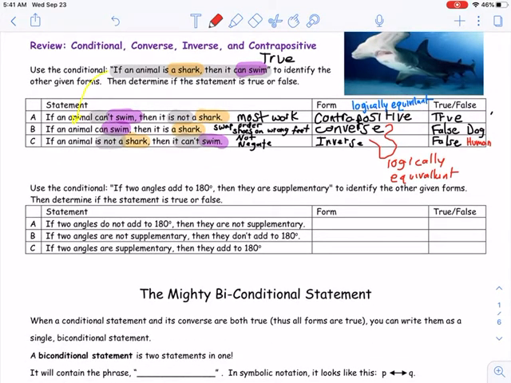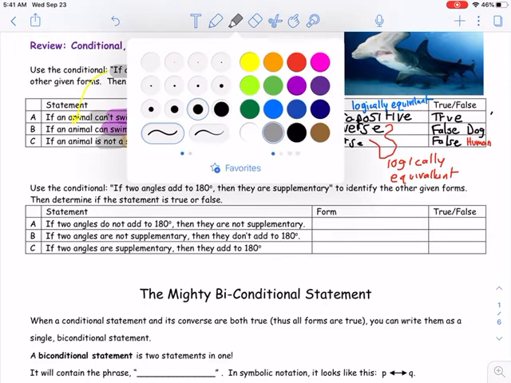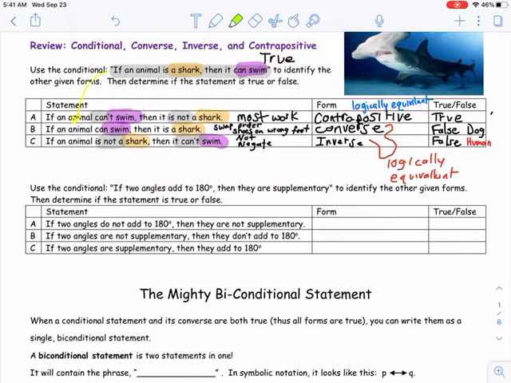So, let's cruise a little bit faster through this one. Alright. If 2 angles add up to 180 degrees, then they are supplementary. So statement A: if two angles do not add up to 180 degrees, then they are not supplementary. So same order, just a bunch of nots.